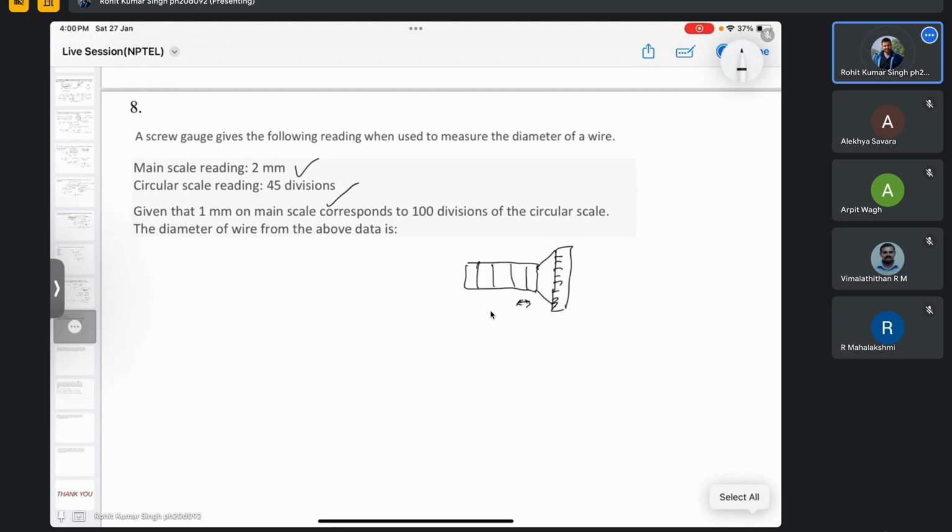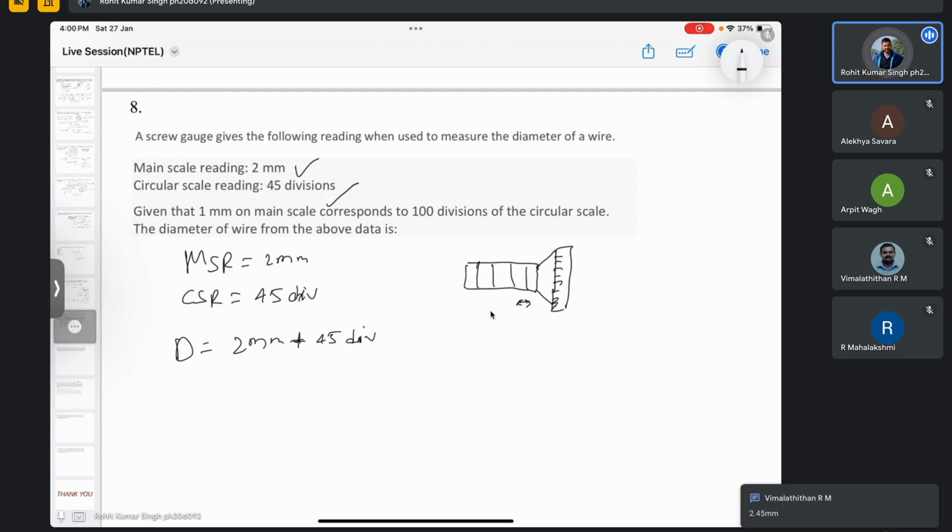Let me just write. The main scale reading is given as 2 mm, and the circular scale reading, CSR, is given as 45 divisions. So what will be the diameter of the wire? The diameter is 2 mm plus 45 divisions on the circular scale, but we have to find it in mm, right?